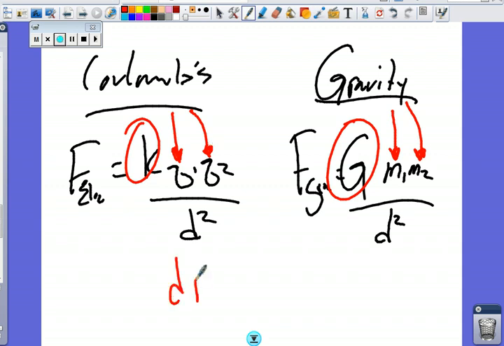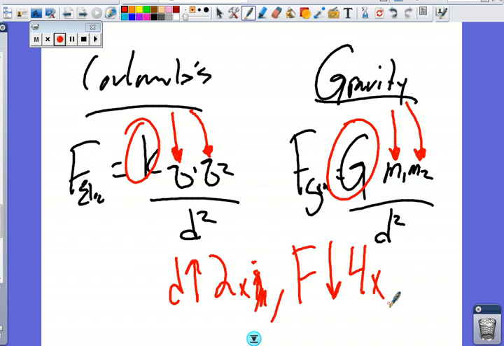So if D goes up two times, what happens? The force goes down four times. Same rule still applies.